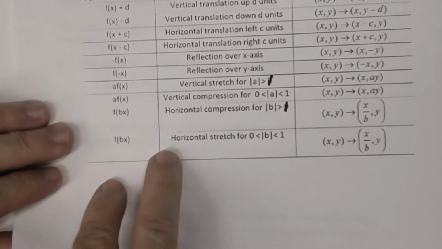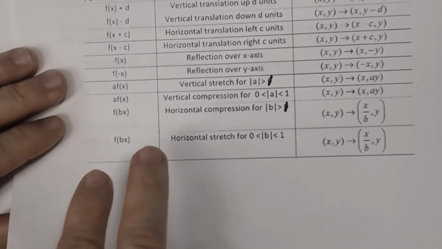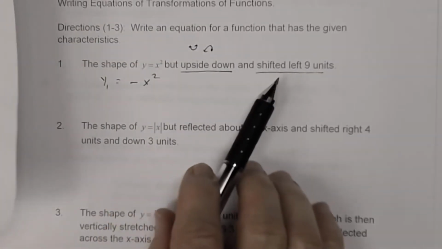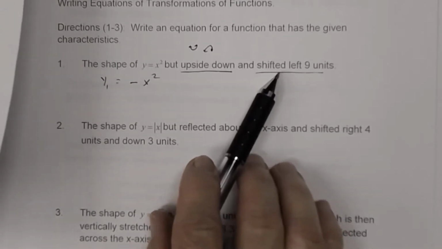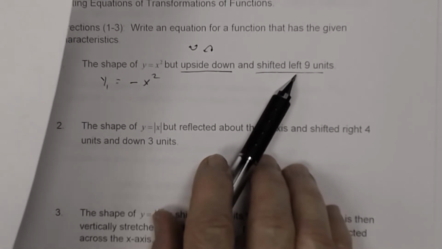So when you get to those, just be very careful. Think carefully when doing these. The thing you've got to remember is that when you shift to the left 9 units, you've got to think counterintuitive.